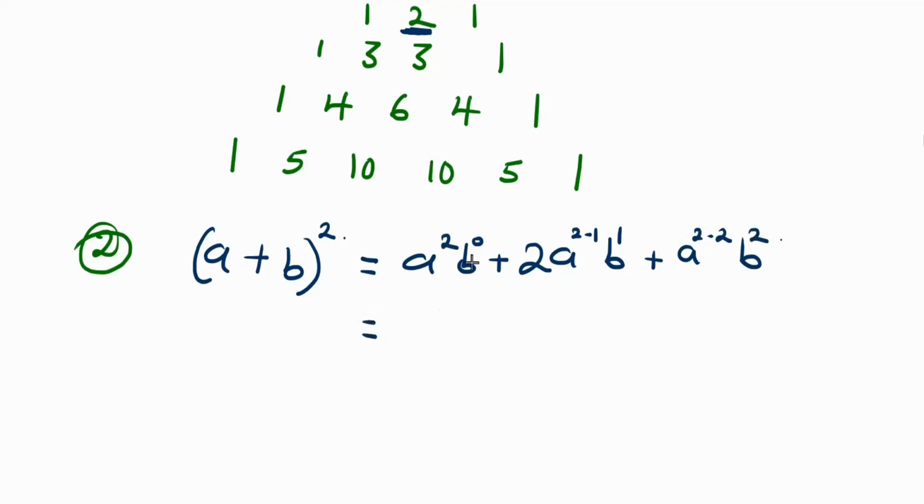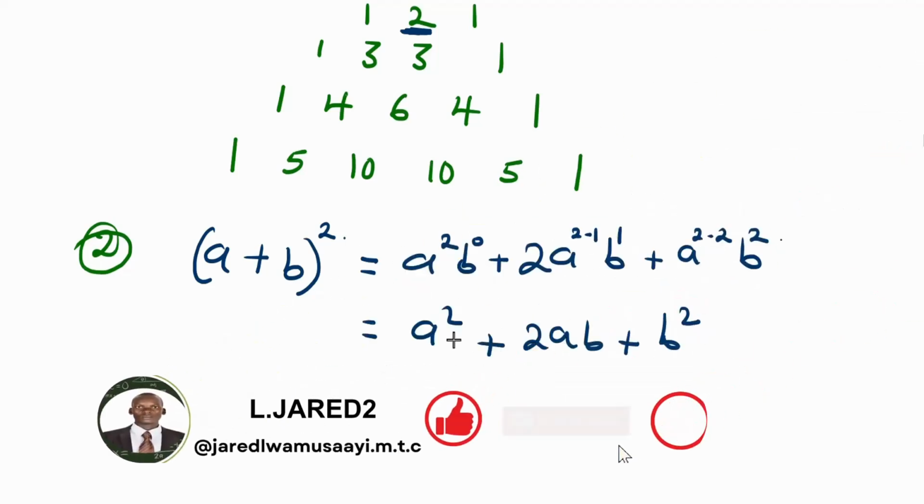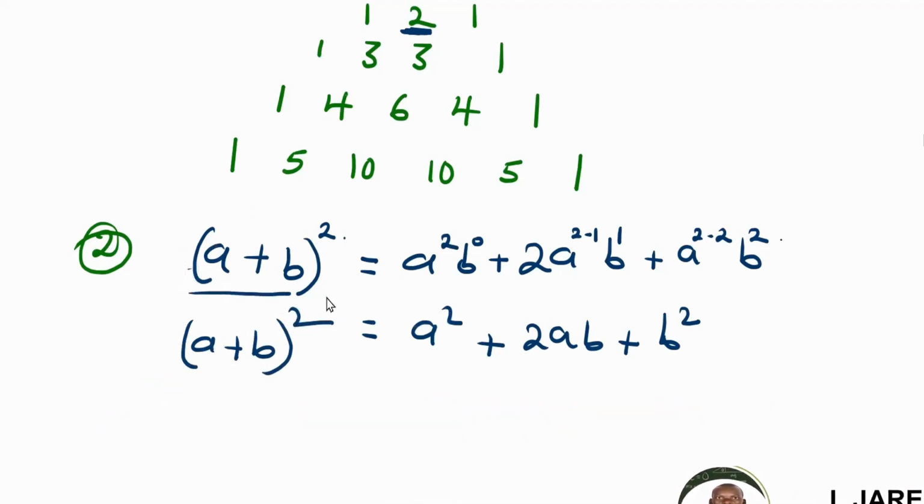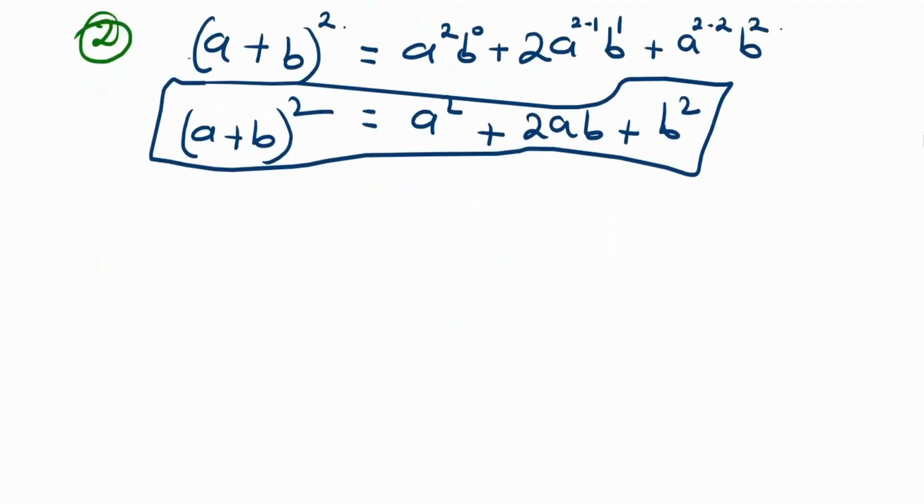As we simplify, this is the same as a squared plus 2ab plus b squared, since 2 minus 2 gives a power 0, and any number to the power 0 is 1, then multiplied by b squared gives b squared alone. Therefore, a plus b, the whole of it squared, simply equals this expression.